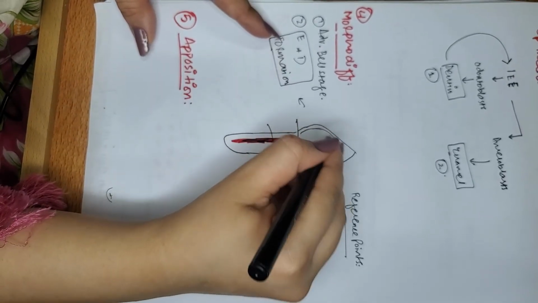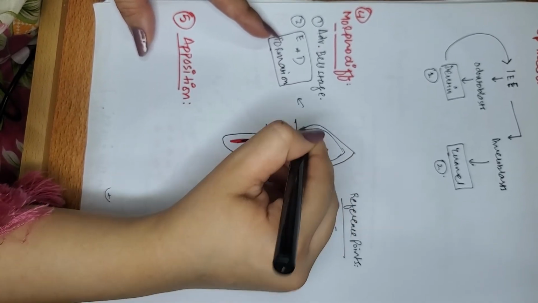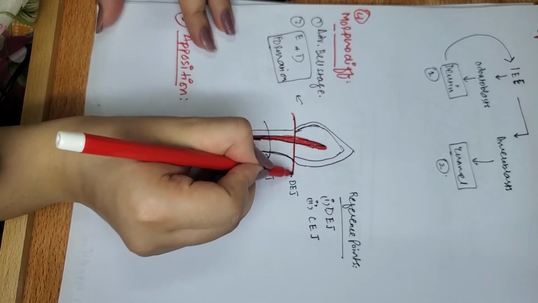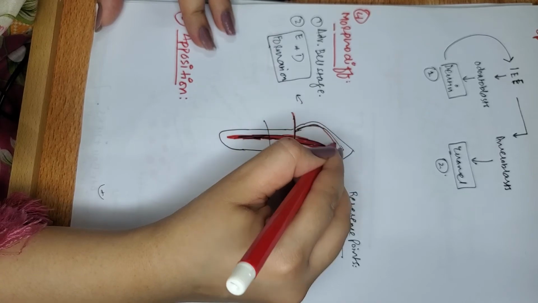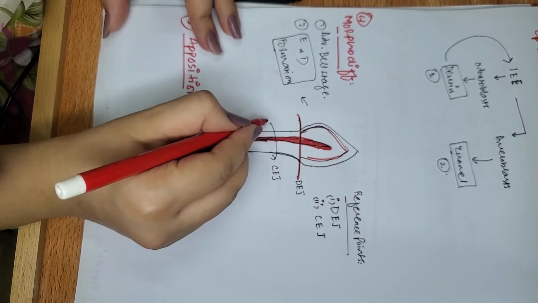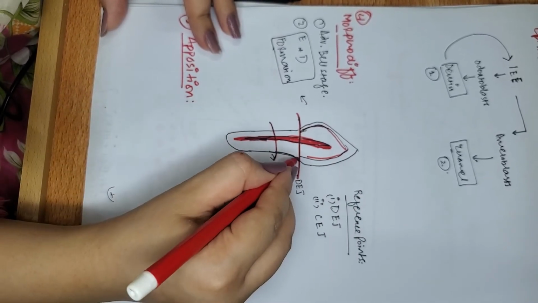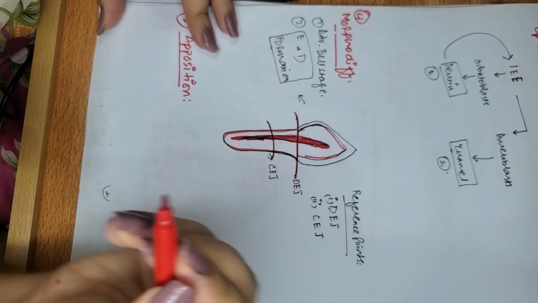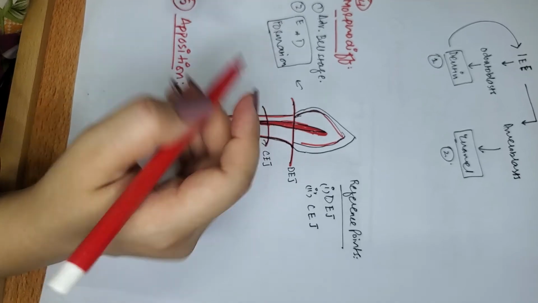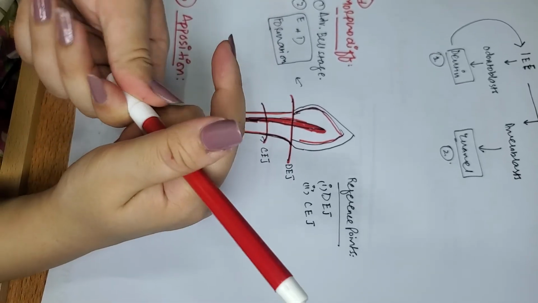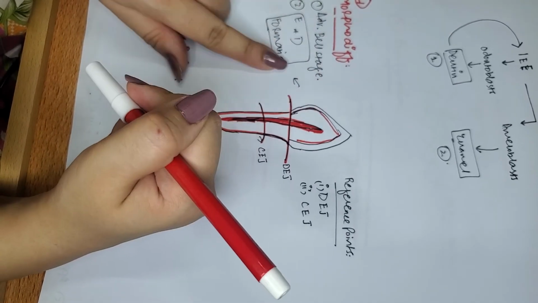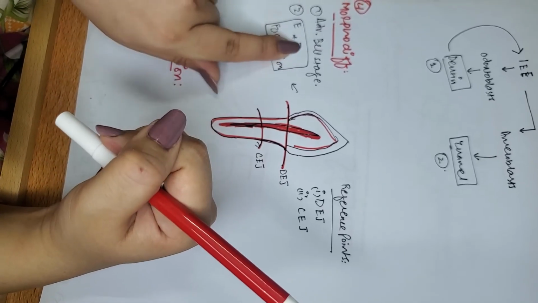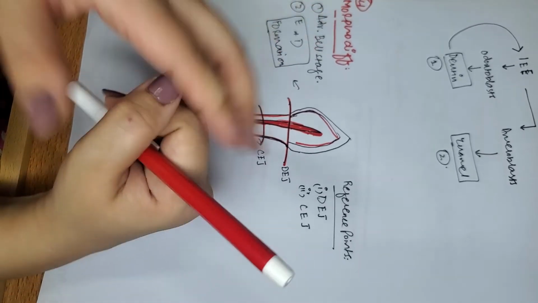Suppose this is the formation of enamel taking place with the reference. What was the platform? This dentino-enamel junction was the platform and enamel was forming. This cemento-enamel junction is the platform, and now the deposition of cementum is taking place. Alright, this is how the formation of enamel, dentine and cementum is happening. With reference to the cemento-enamel junction and dentino-enamel junction, cementum, enamel and dentine are forming.